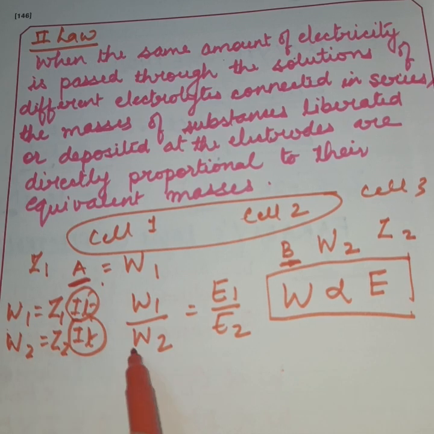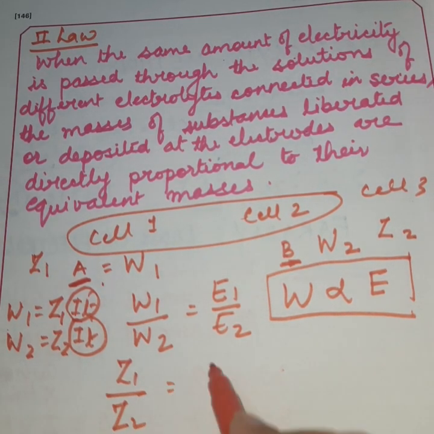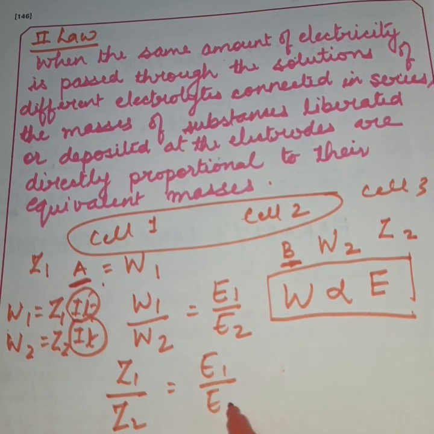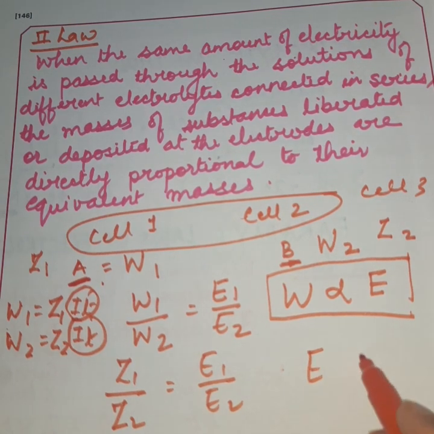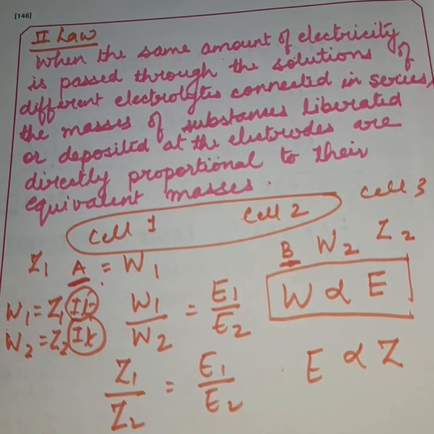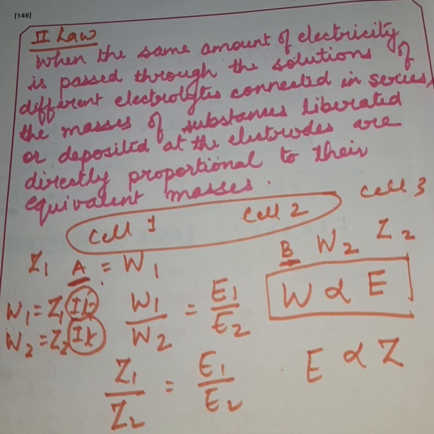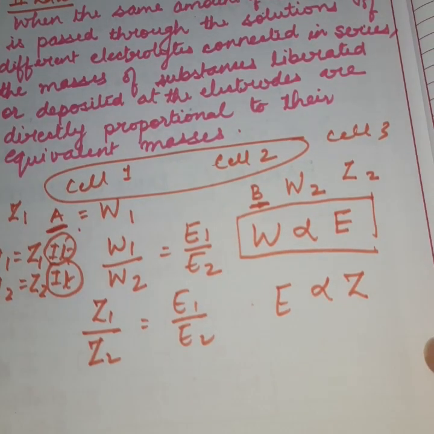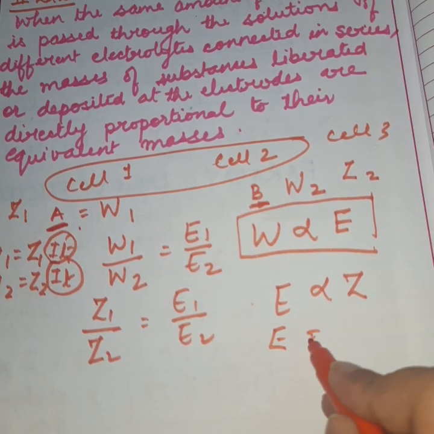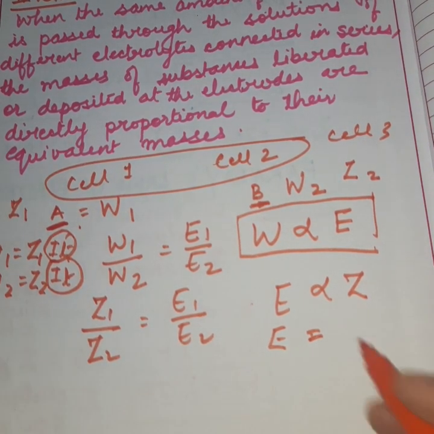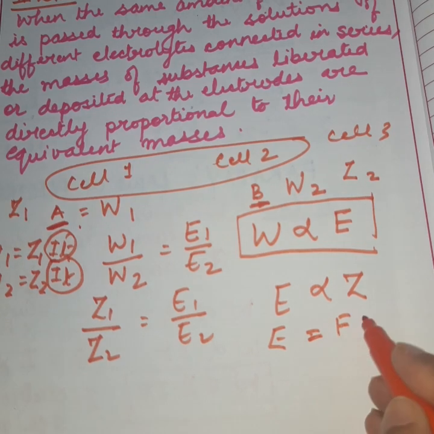On substituting the values here, I get Z1 upon Z2 is equal to E1 upon E2, as IT and IT of both cancel out. So it can be written as E is directly proportional to Z. Seeing this relation, we can say E is directly proportional to Z. If we remove the proportionality sign, we introduce a constant of proportionality, that is F. So E is equal to FZ.